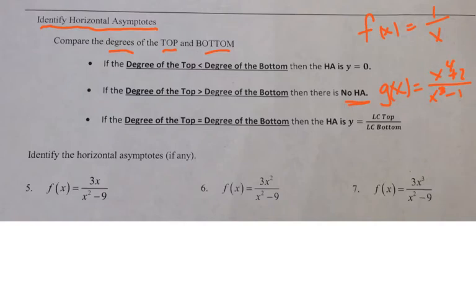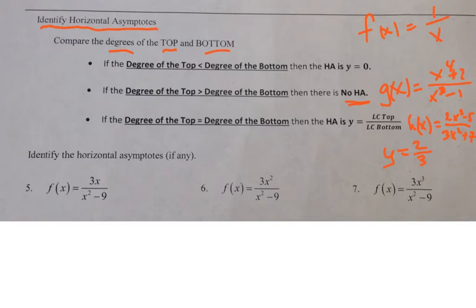So for here, if I had h of x equals 2x squared minus 5 over 3x squared plus 7, my horizontal asymptote, since they have equal degrees, would be the leading coefficient of the top, which would be a 2, over the leading coefficient of the bottom, which would be a 3.